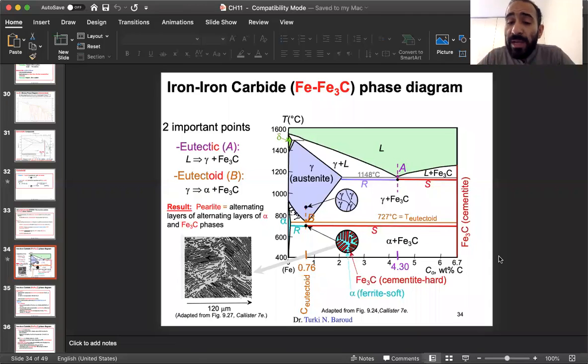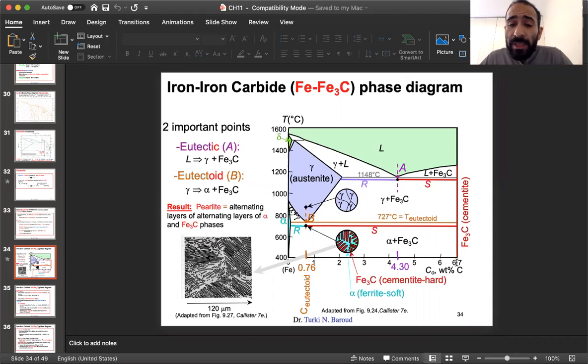This is why in this phase diagram the percentage starts from 0 and ends at 6.7 weight percent. There are many types of steels and cast irons that we're going to learn about in the coming chapters.